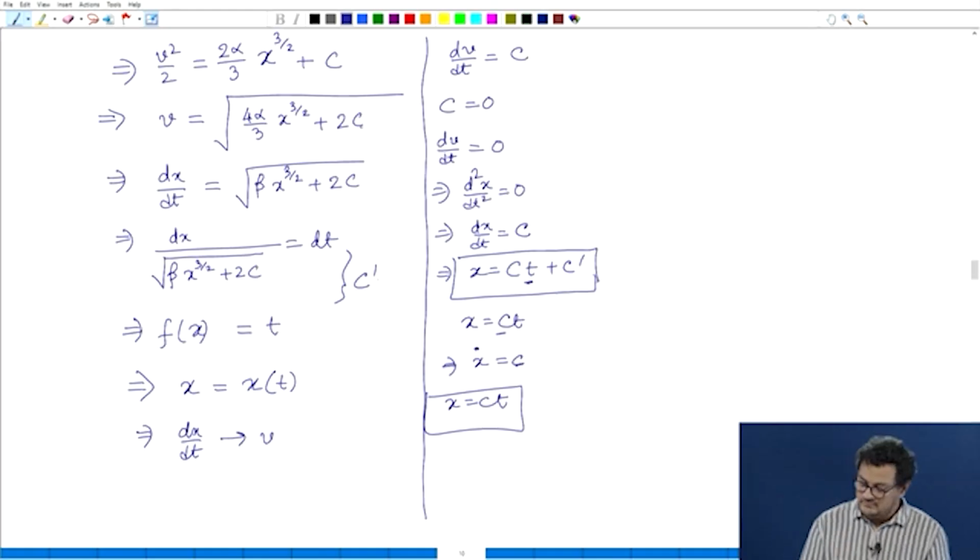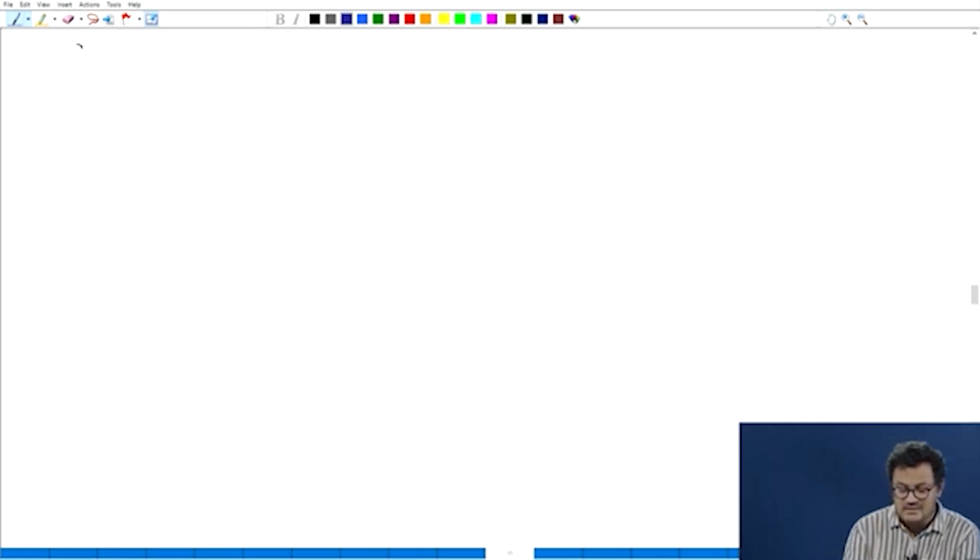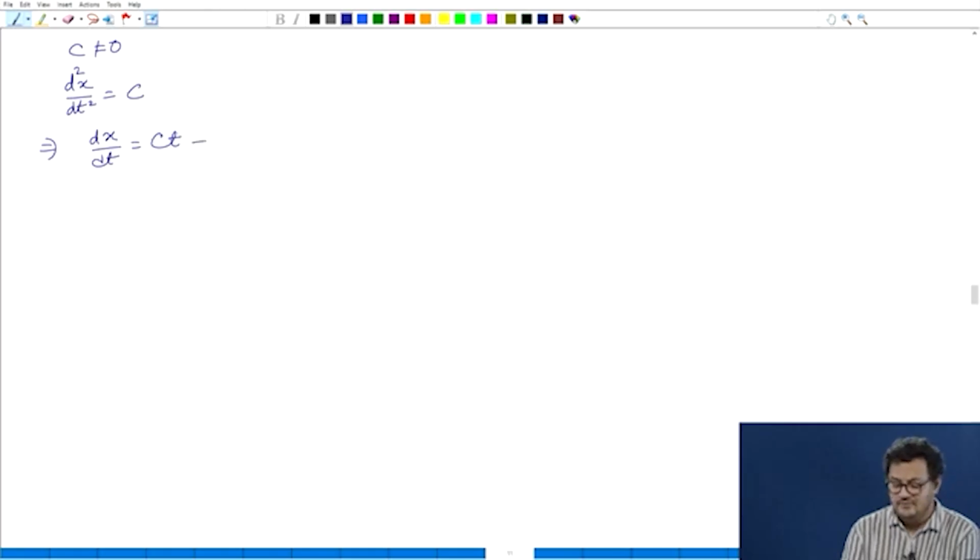Now, I would like to do something for the case where c is not 0. So, d2x by dt2 is equal to c, not 0, then dx by dt will be simply ct, and there will be some c prime as constant.